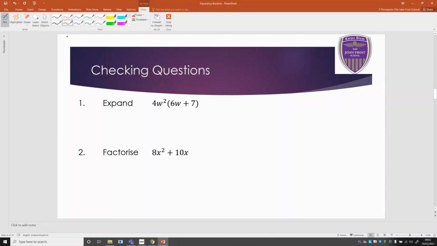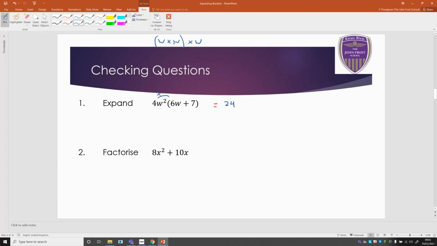Okay, welcome back. So this one here, same method, a bit more carefully, okay? Now 4 times 6 is 24. But now I've got w squared times w. Now remember, w squared means w times w. So that's w squared, and I'm timesing that by another w.